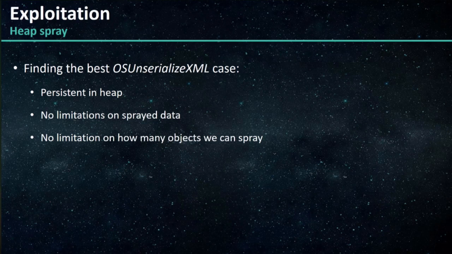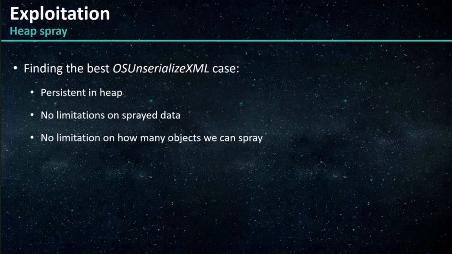Anyway, there are a few problems with that. First of all, up to this presentation, I didn't see any persistent memory. Usually the kernel would just unserialize the XML, extract the relevant information, and then immediately free that information.